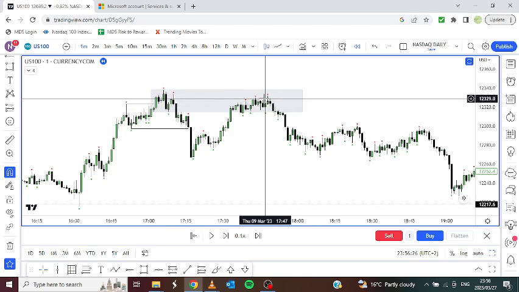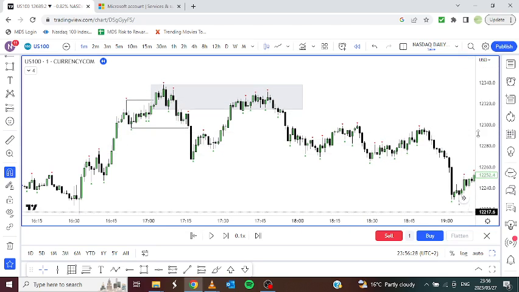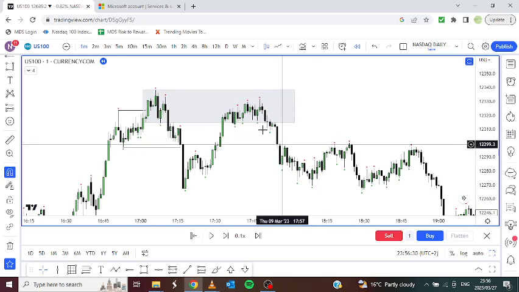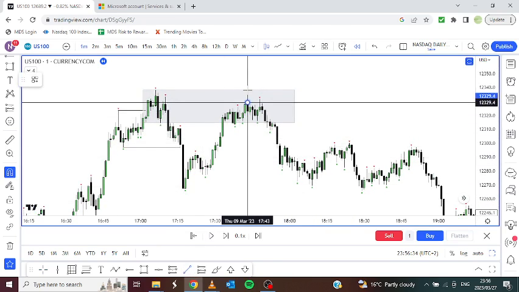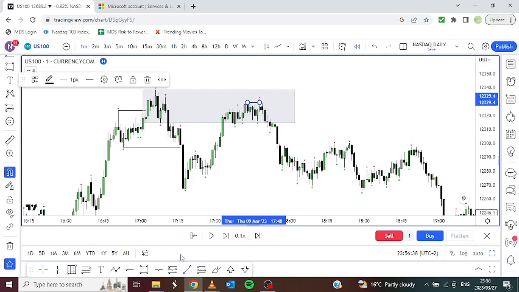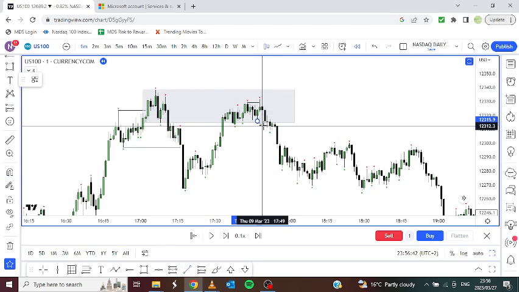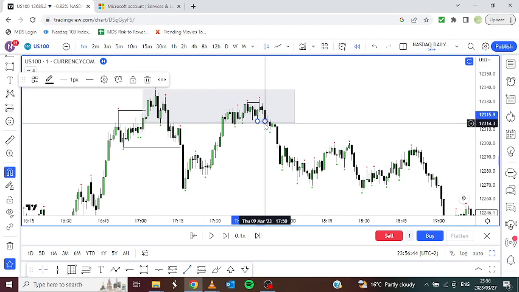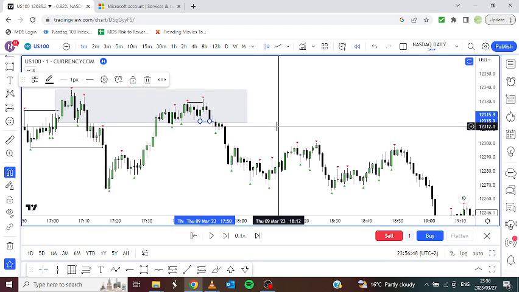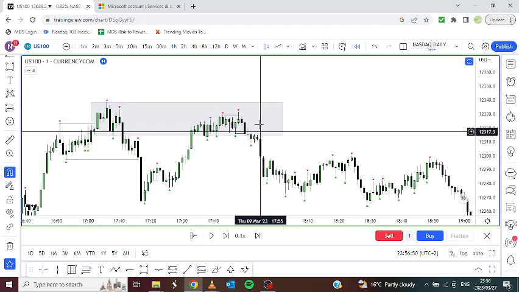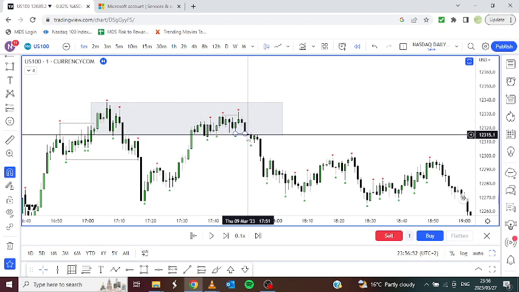Yeah, you could have even waited for further confirmation because now there is a higher high formed, and then we break to the downside, so that is a bearish change of character. So basically you could have just entered on this once we break this low.